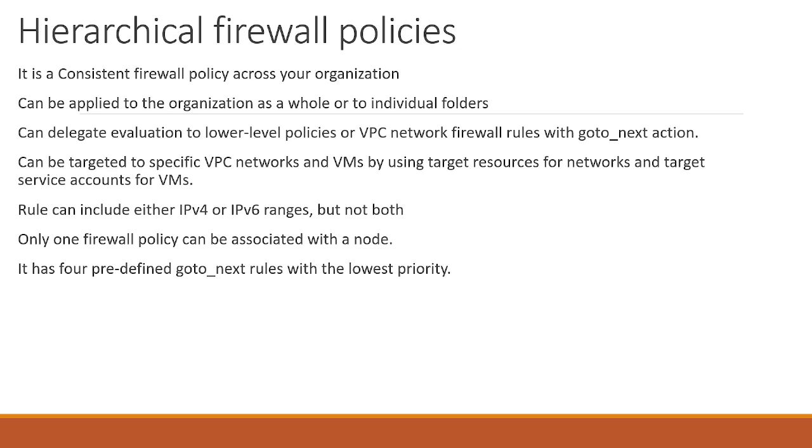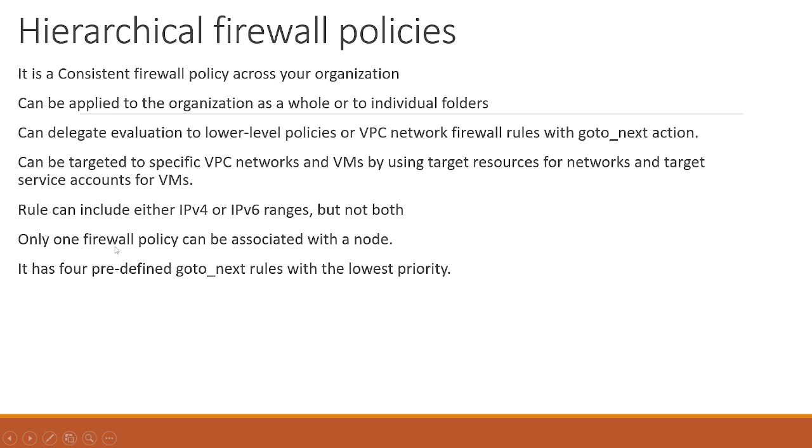Like you want this firewall policy to take action only on this VPC network. Or even you can go with service accounts also. Like if this service account is used by the VMs, then this firewall policy will take effect. We can also include IPv4, IPv6 ranges, same as our VPC firewall rules, but we cannot use both.